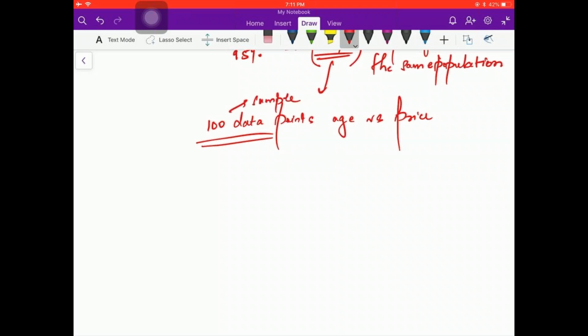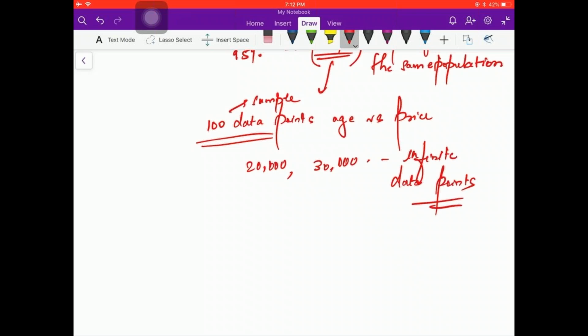Now there can be 20,000, 30,000, infinite data points that can exist, right? For example, take the total world's population, there can be this relation of the price of the house and at what age they are buying.